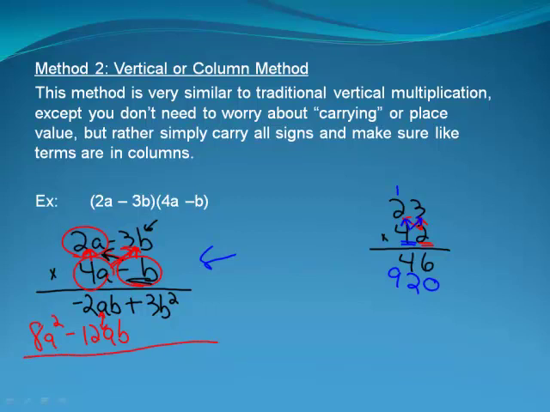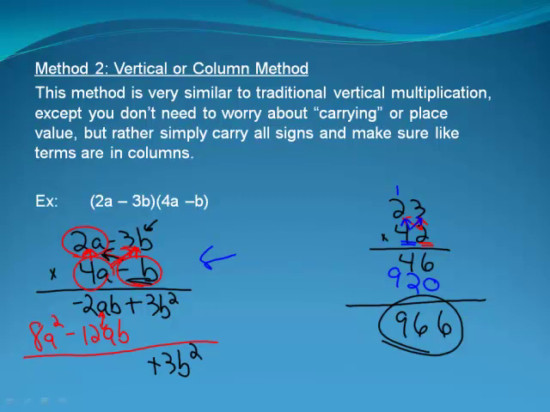All right, so moving back to the right for this traditional problem, what you did after you did those multiplication steps is then you added your columns. 6 plus 0 is 6, 4 plus 2 is 6, and then you carried down the 9, and that was your answer. You're going to do the same thing here. You're going to add columns, add like terms. If there's only one thing in the column, then you'll just carry it down.